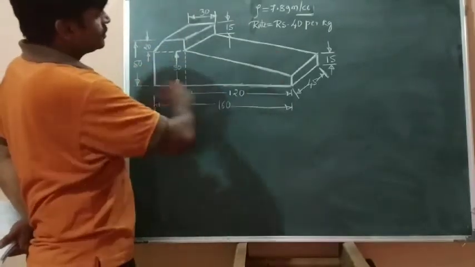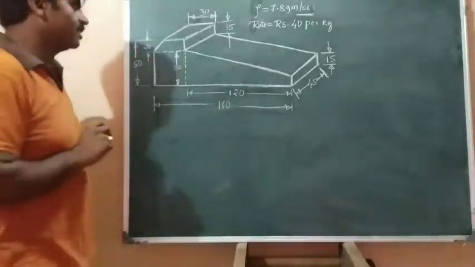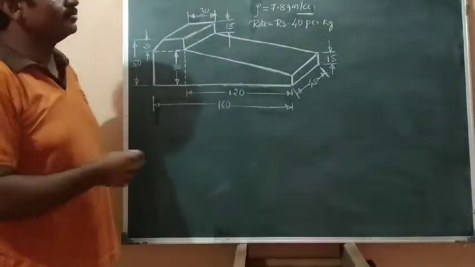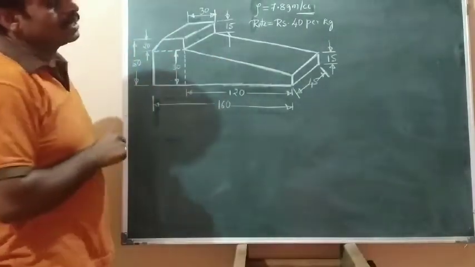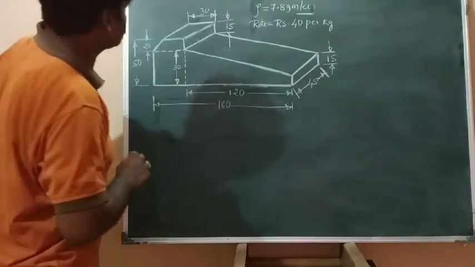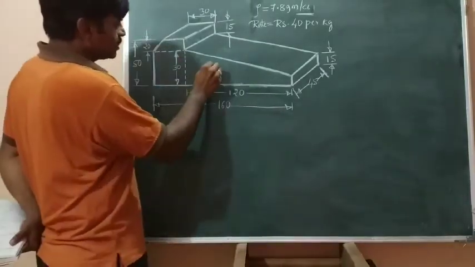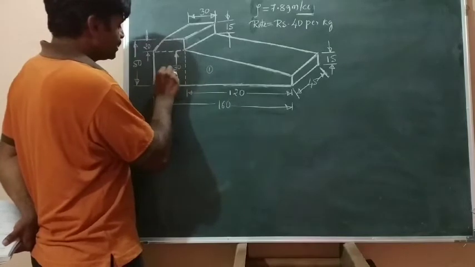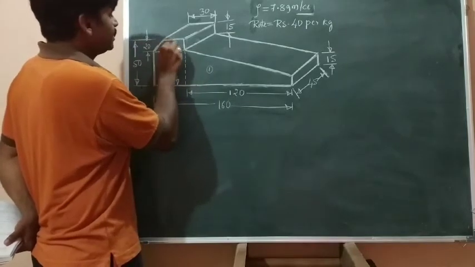Now this is a given figure. According to the procedure we need to break up the total part into appropriate geometrical parts. Let us consider this one as the first part, this one as the second part, and this one as the third part.